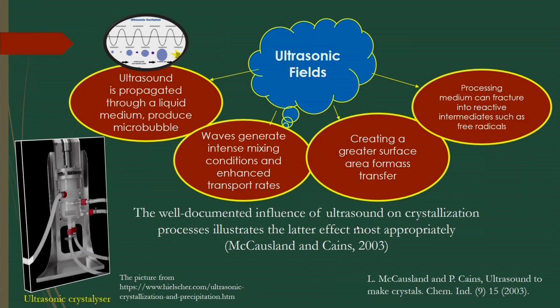Even the processing medium can fracture into reactive intermediates such as free radicals also. Sometimes if you use microbubbles, or even nanobubbles, you will see this in the ozonation process. Nowadays, intensification of wastewater treatment is done by advanced oxidation, like the ozonation process.